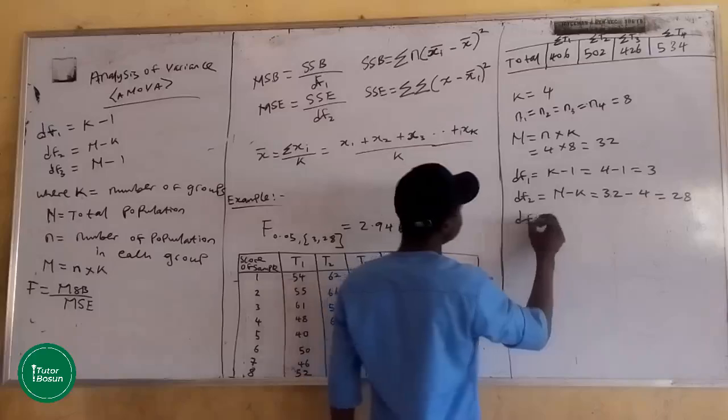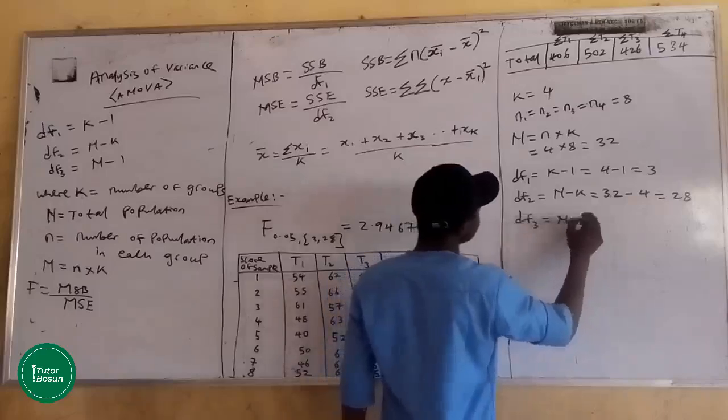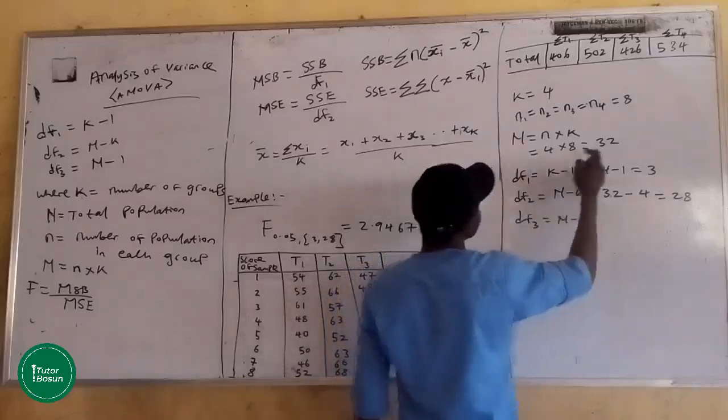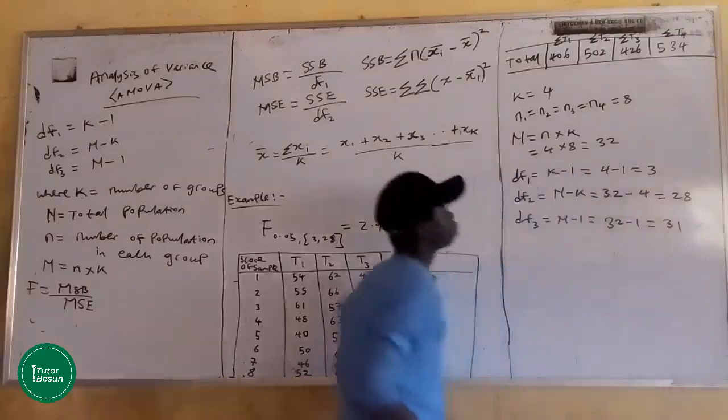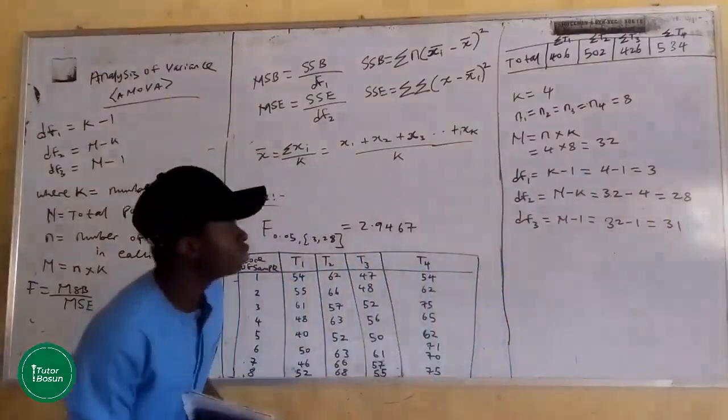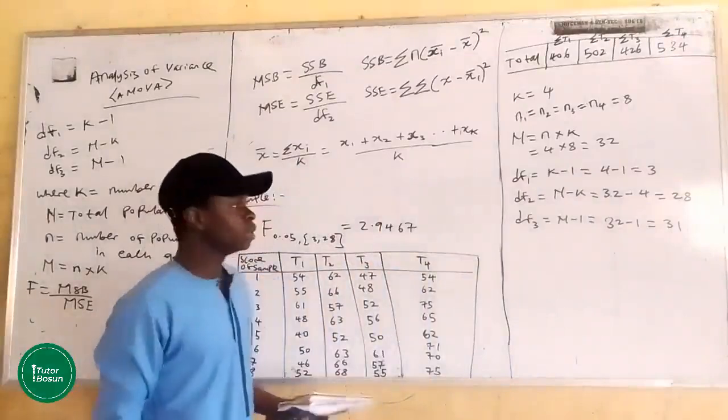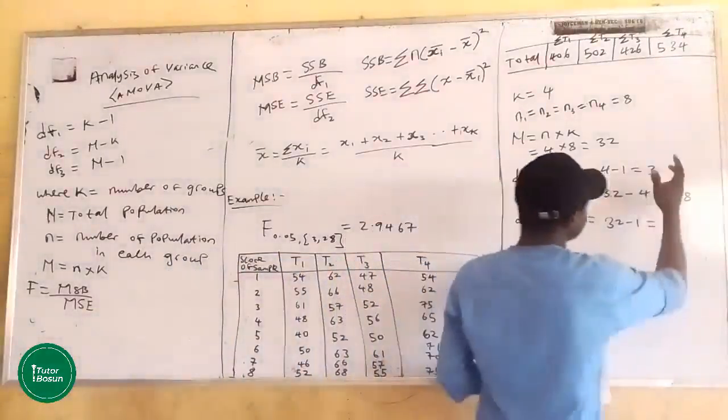What will be our DF3? N minus 1, which is 32 minus 1, which is 31. So our degrees of freedom 1, 2, and 3 have been calculated as 3, 28, and 31 respectively.